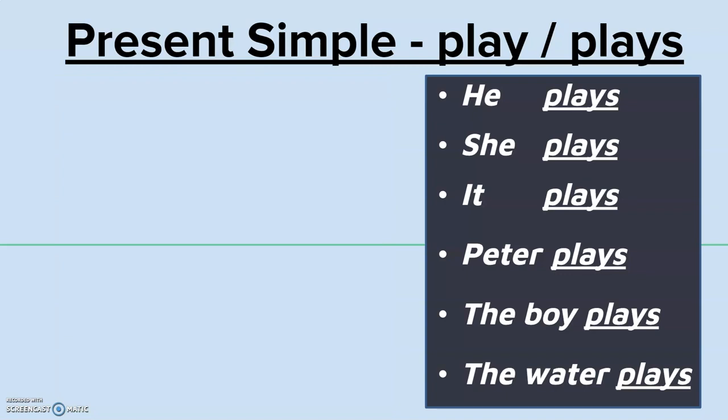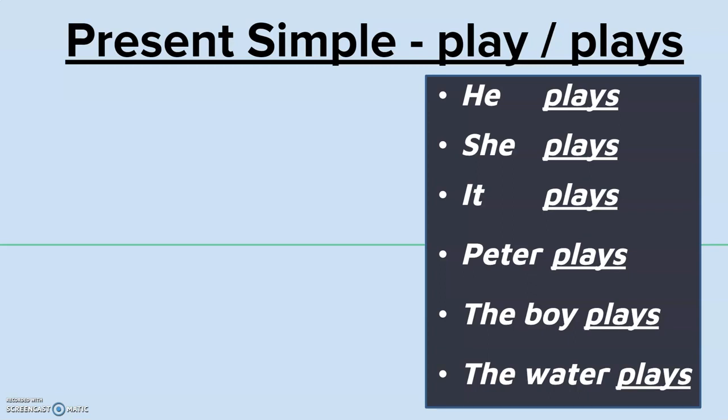However, he, she, it plays. We add an S to the verb. Peter, who is one boy, the boy, singular subject again, we also add an S. So when it's a singular subject, we add an S to the verb with the present simple tense.